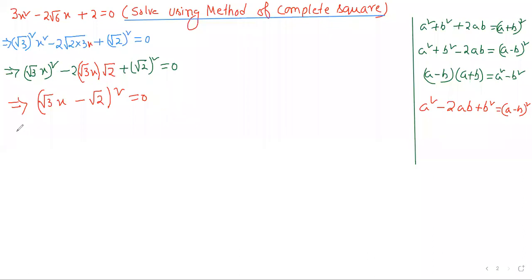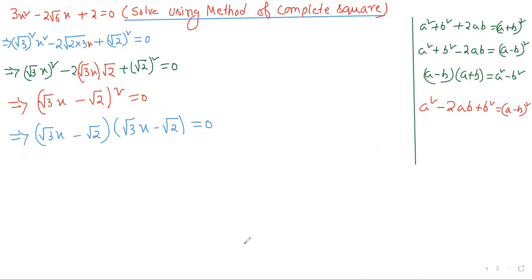So now can we write it like this: root over 3x minus root over 2 into root over 3x minus root over 2 is equal to 0, right?